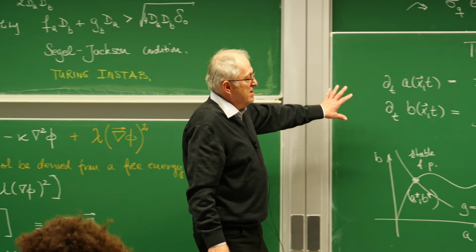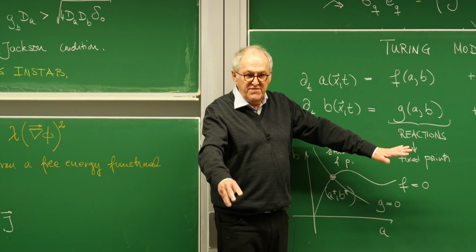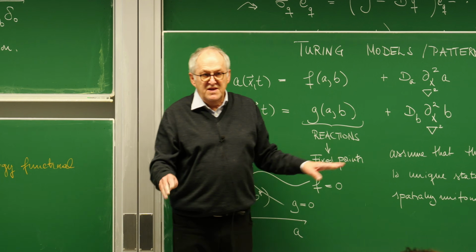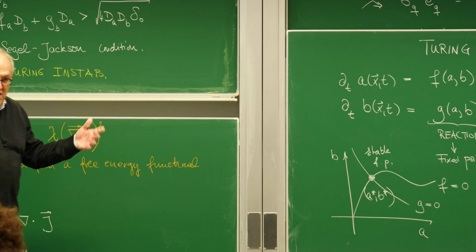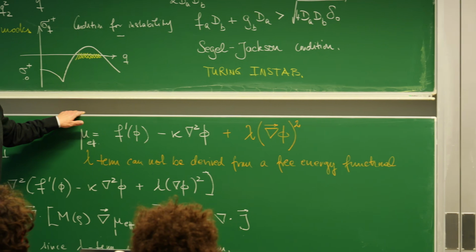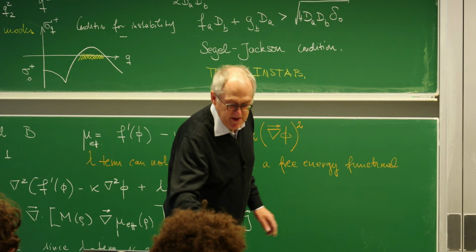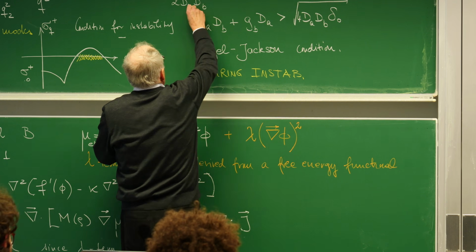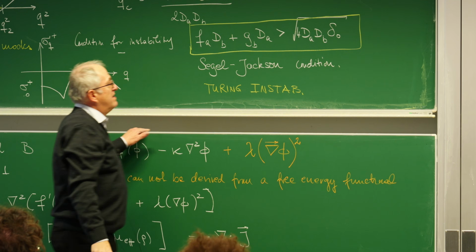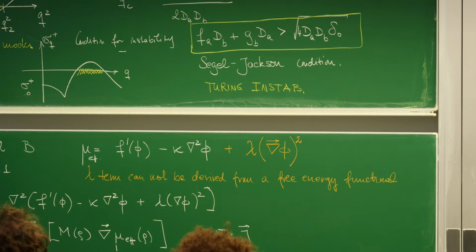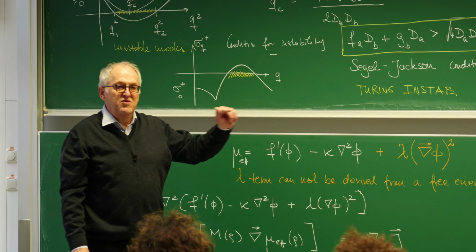And given such a model, where this term has the tendency of making things uniform in space, it is found by a mathematical analysis of the homogeneous steady state that there is a regime of parameters given by the Segel-Jackson condition, this one, that defines a parameter space where a homogeneous steady state is unstable to spatially non-uniform perturbations.